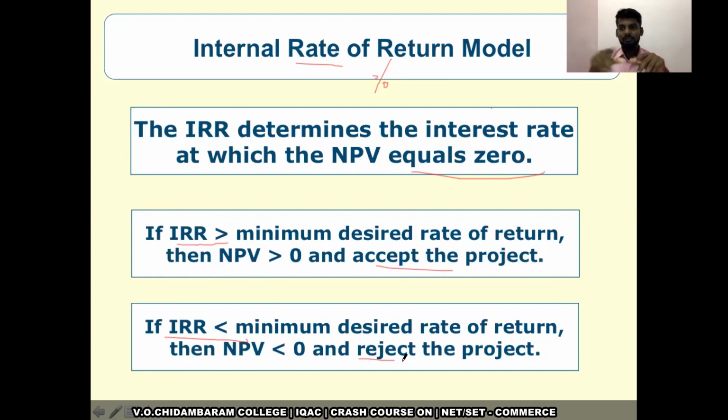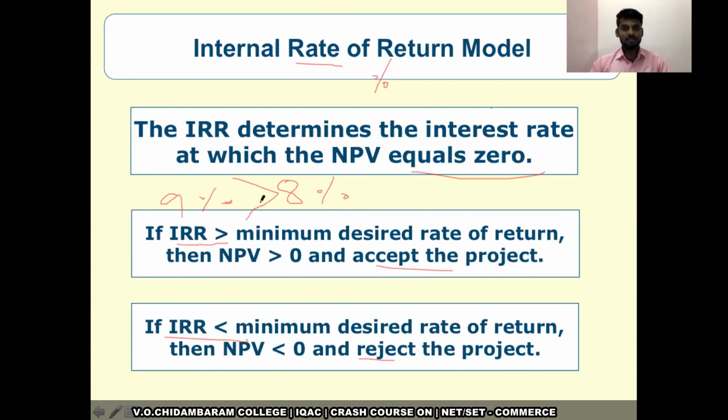For example, my IRR is 9%, but my minimum desired rate of return is 8%. So here automatically IRR is more than the minimum desired rate of return.